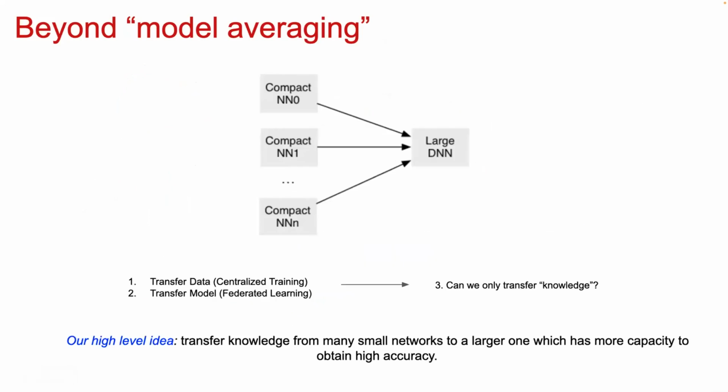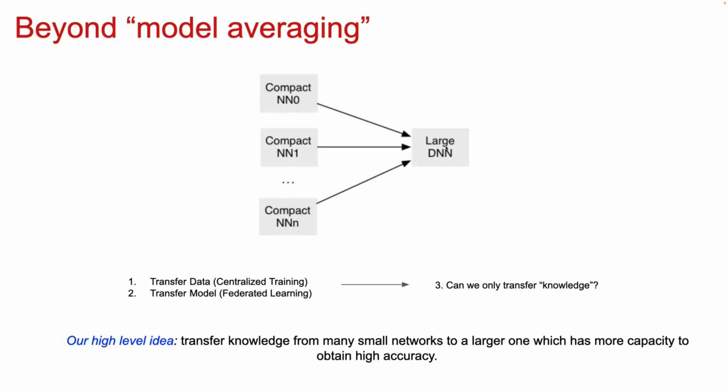So here is one approach that we have been thinking about for tackling this issue. At a high level, maybe instead of thinking about federated learning as averaging of the locally trained models, maybe we should think about going beyond model averaging. And one way of doing that is to think about federated learning as a knowledge transfer from many small edge nodes to a large model that you are training over the cloud.